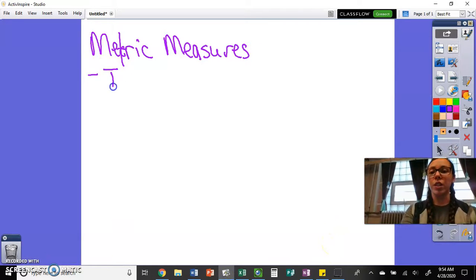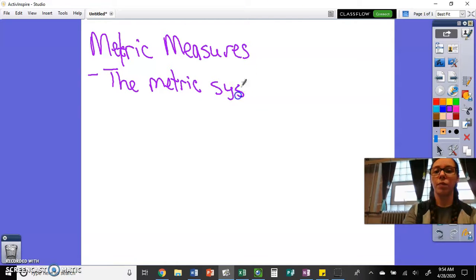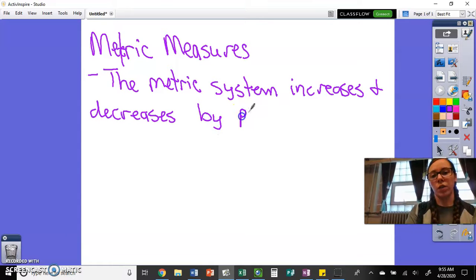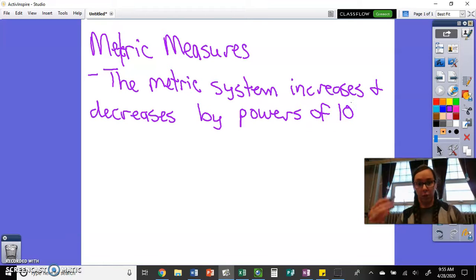The metric system increases and decreases by powers of 10, which means 10, 100, 1,000.